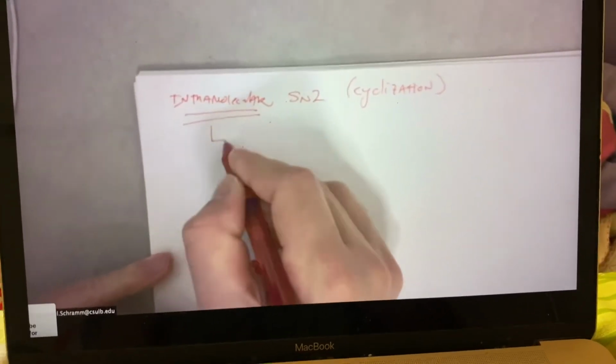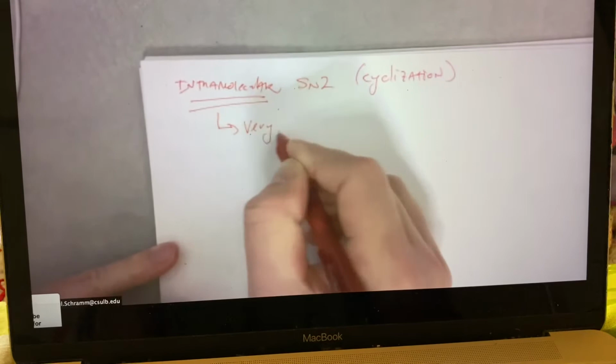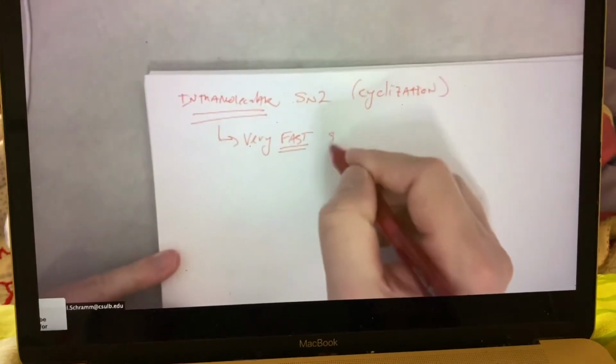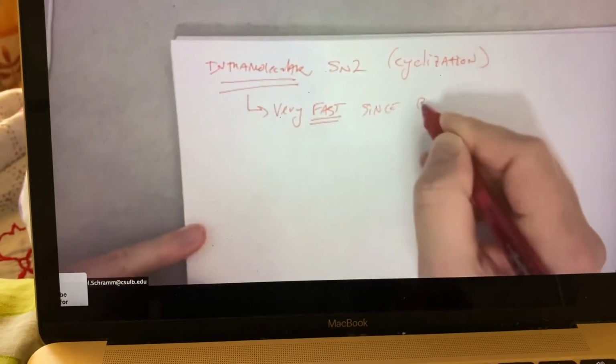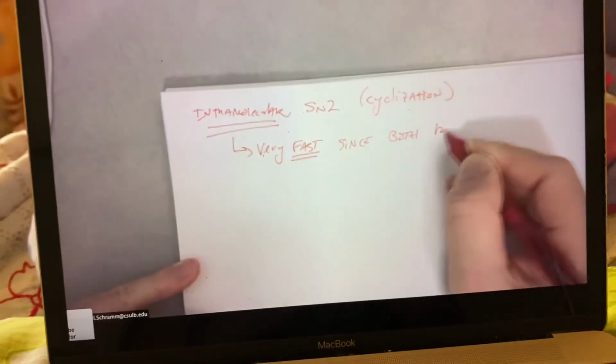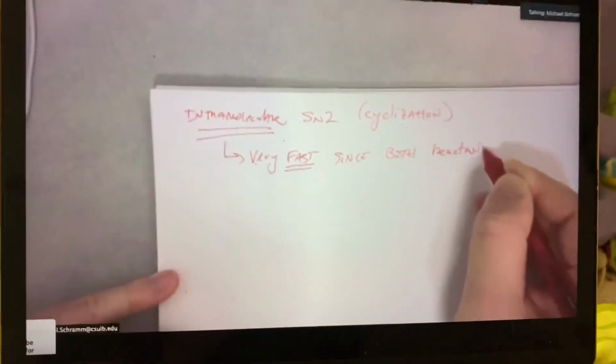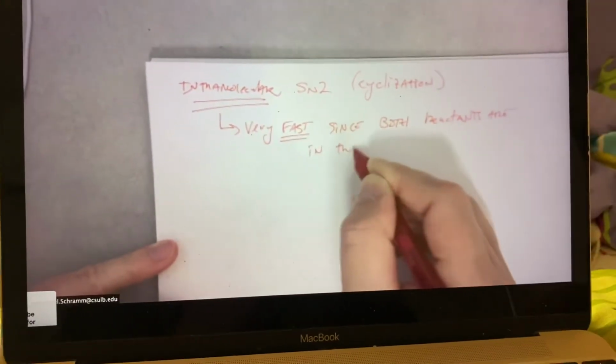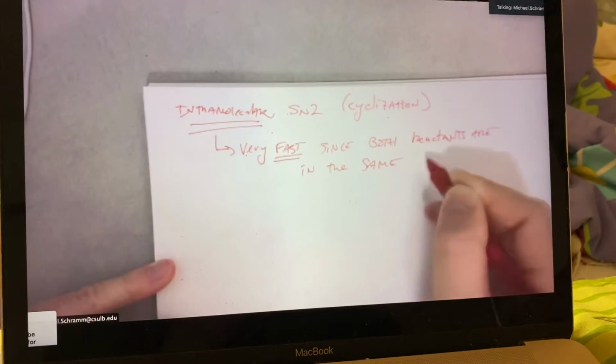Intramolecular reactions in general are very fast, since both reactants are in the same molecule.